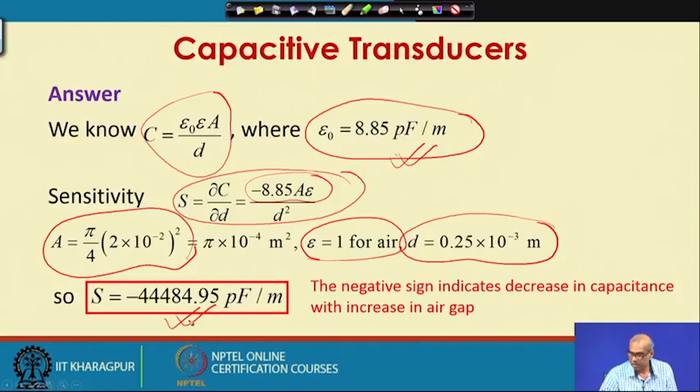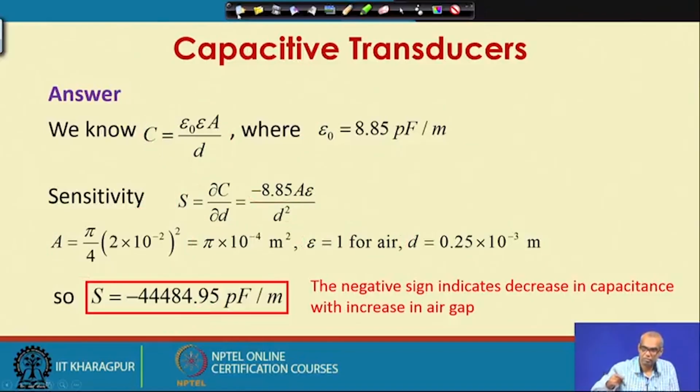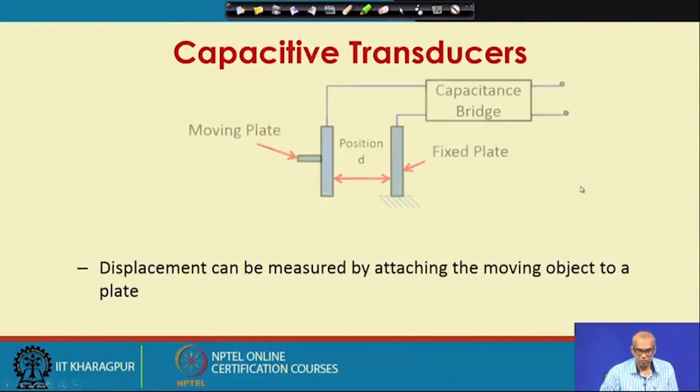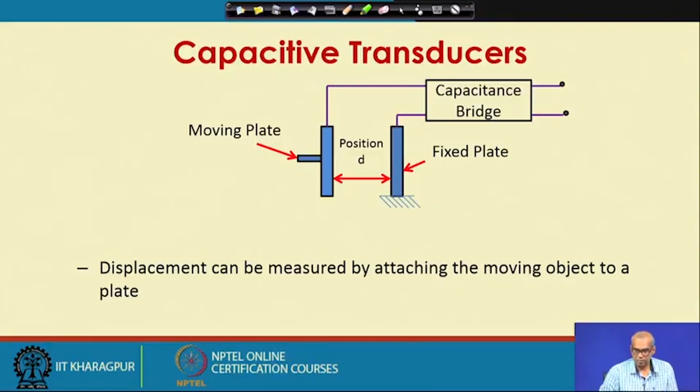The negative sign here indicates that the capacitance will decrease with increase in air gap, because the relationship is inverse. So, the displacement can be measured by attaching the moving object to a plate.